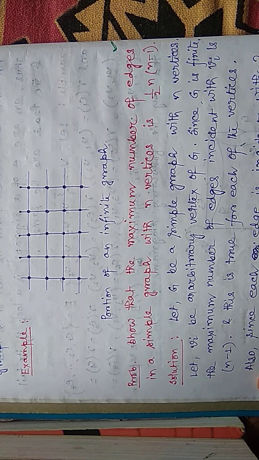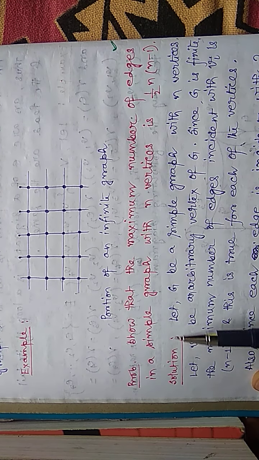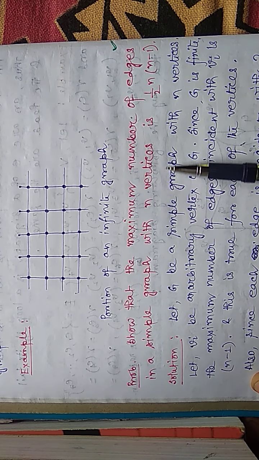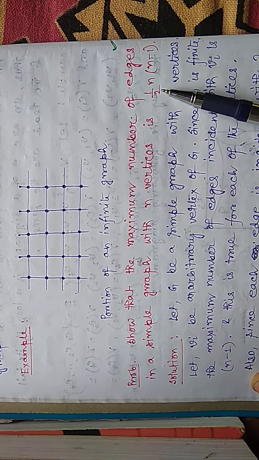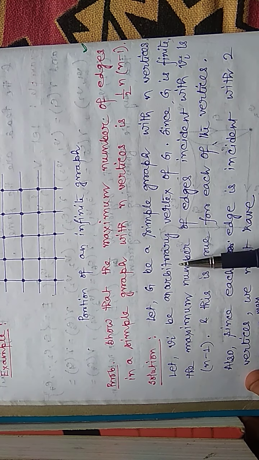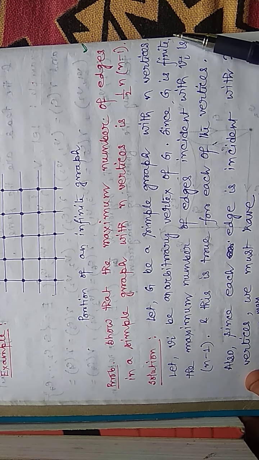Next, a very important problem in graph theory. The maximum number of edges in a simple graph, that means a graph containing no parallel edges or no loops, with n vertices is half into n into n minus 1. So consider G as a simple graph with n vertices. Let Vi be any arbitrary vertex of G. Now G is given to be finite.